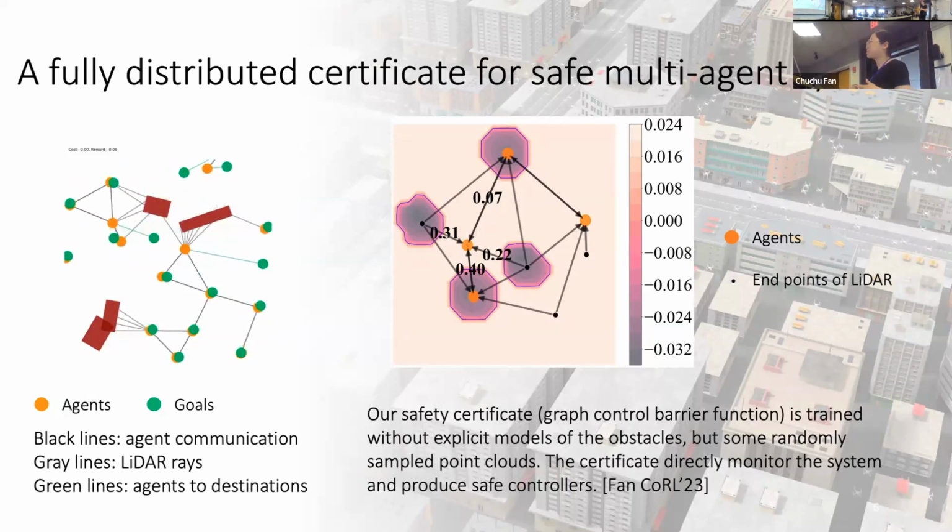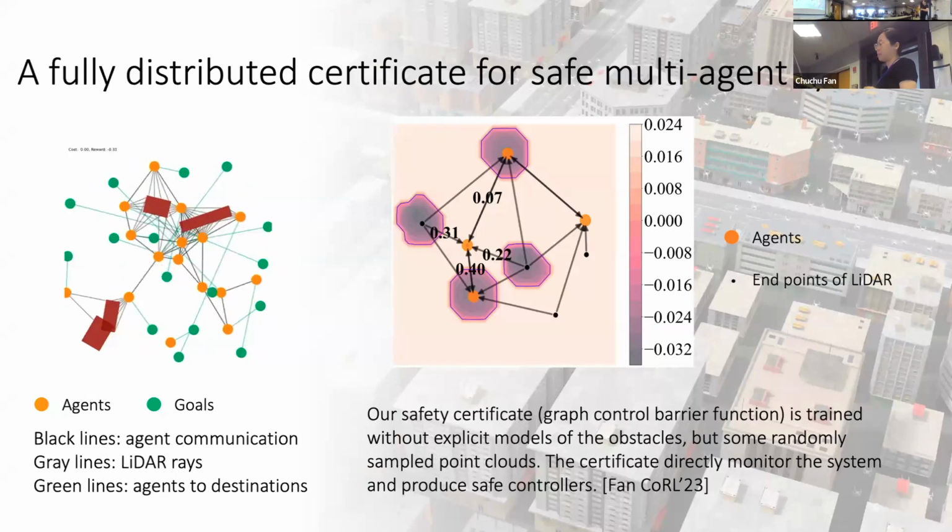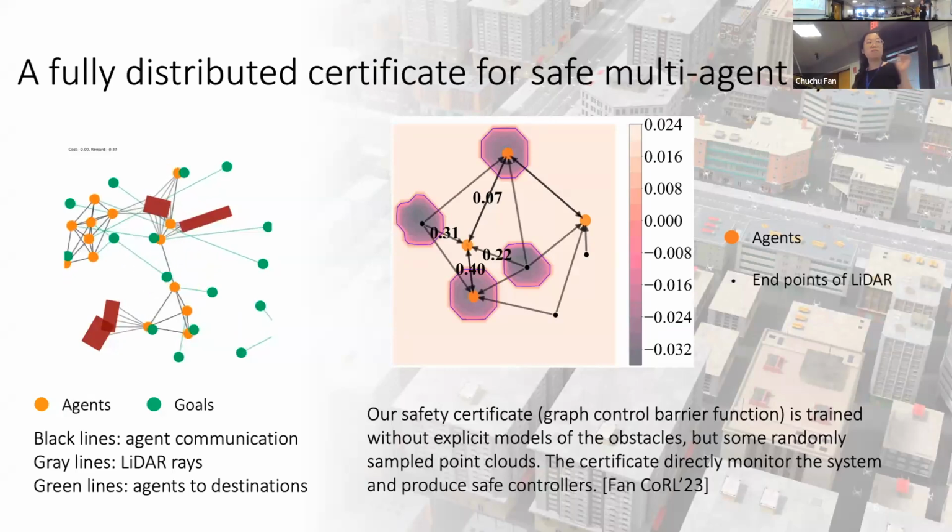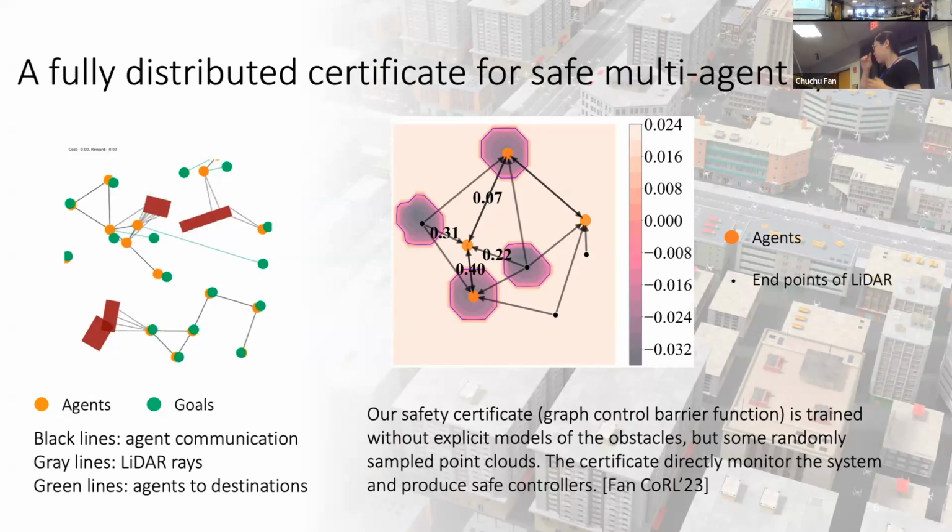But together, there's some overall global guarantee to make sure they're all safe and they can get to their destination. And the neural certificate we're developing in this case is called graph control barrier functions. And I will tell you what a graph control barrier function is and why it can work.